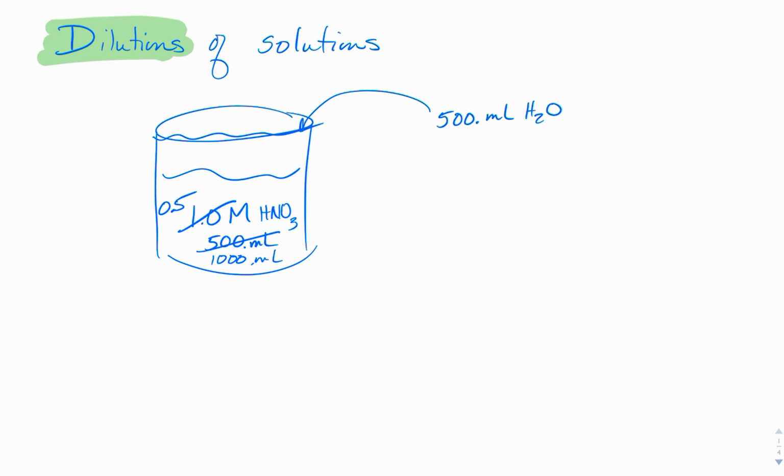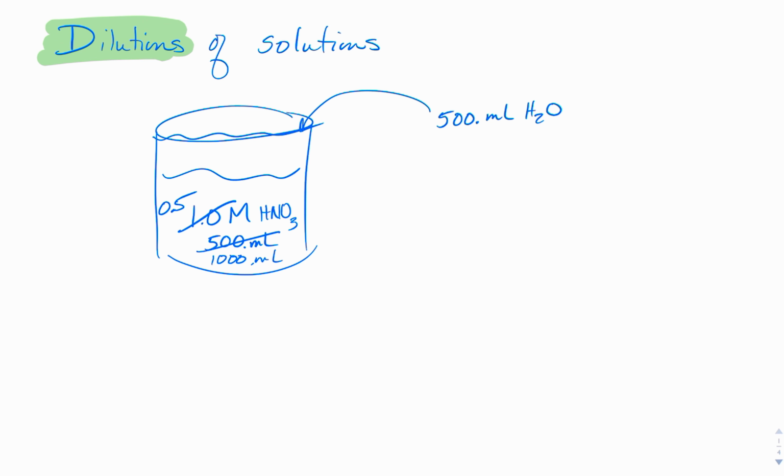This time, instead of solving for the unknown concentration of the new solution, we're solving for the unknown volume of the solution. We're still going to use our same formula, C1V1 equals C2V2. We need to assign our original values of concentration and volume: these are going to be our original C1 and V1, and this will be our C2. So we just plug in and solve for our unknown.